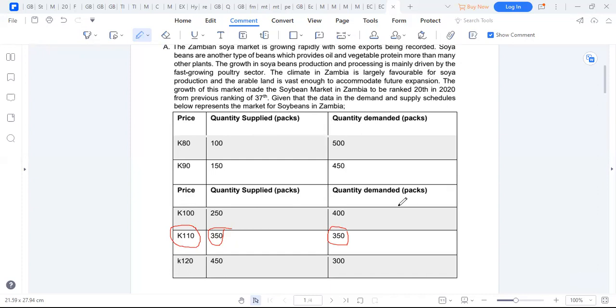So are we clear on the equilibrium? Then now we have a few questions to answer here.